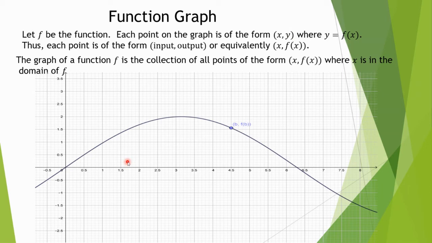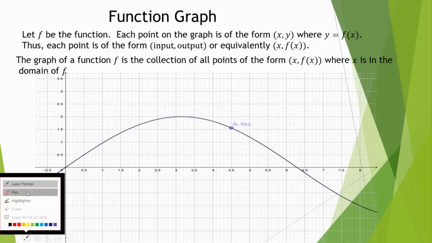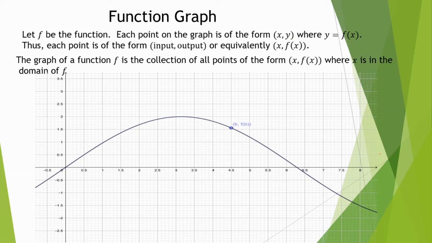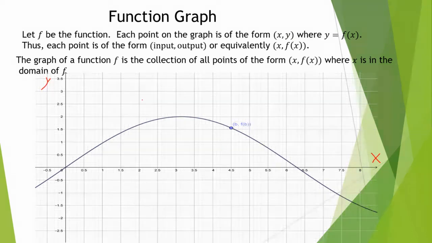Let's say we wanted to know what f of 1 is. Well, we go to the horizontal axis because that's where the x lives. Actually, let me label that to make it a little bit easier. Here's x, the x-axis, and this is the y-axis. When we have a graph, unless stated otherwise, the horizontal axis is the x-axis, the vertical axis is the y-axis.